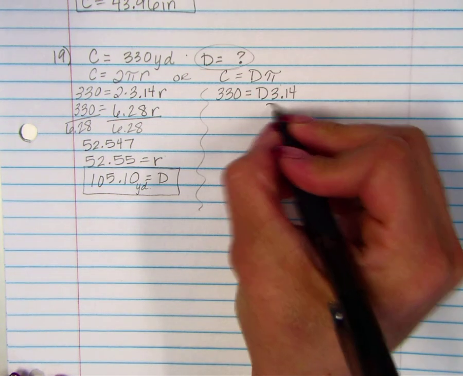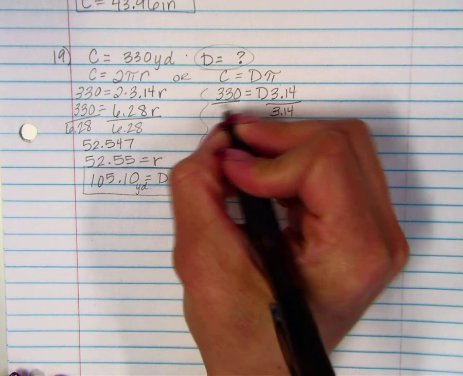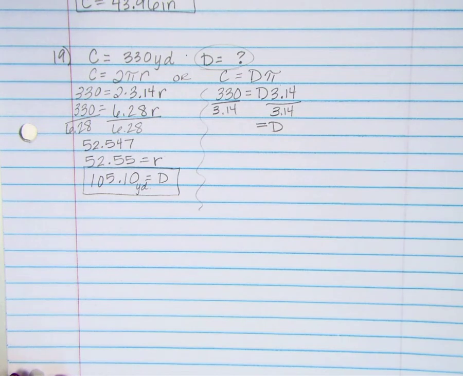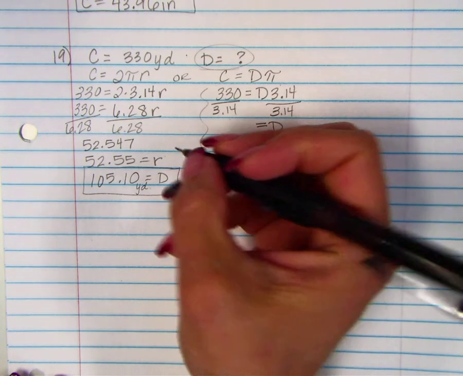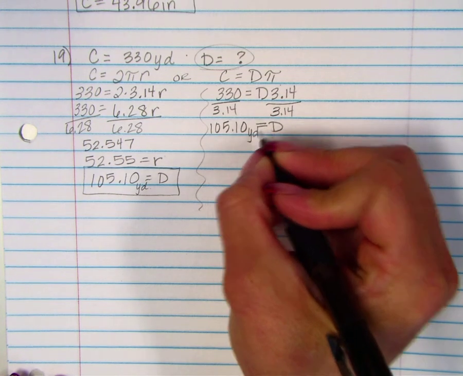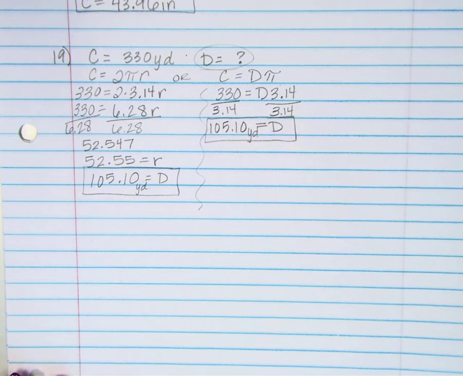Divide by 3.14. Yep, divide by 3.14, divide by 3.14. So my diameter is equal to 330 divided by 3.14, which is equal to 105.10 yards.